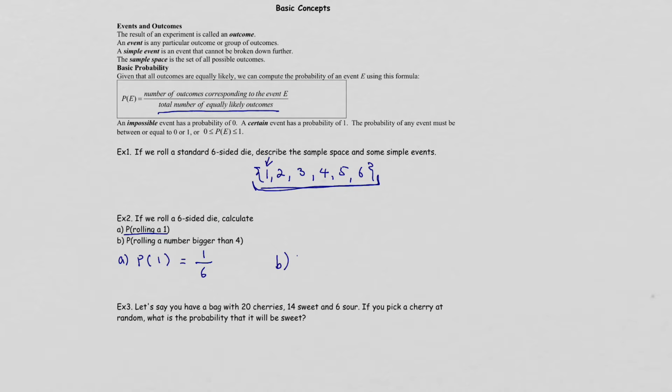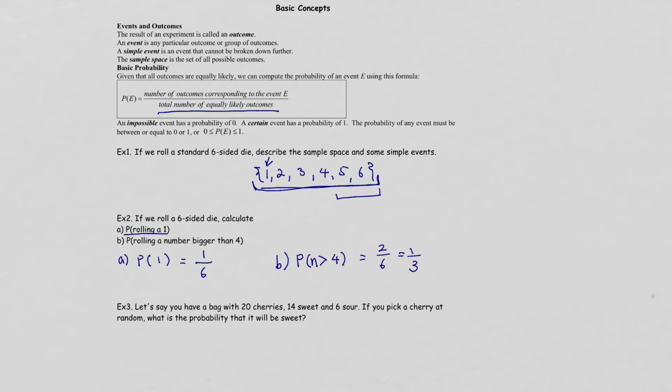And then when we're looking at bigger than 4, that is going to be 5 and 6. So it will be 2 out of 6, which is going to be 1/3. And that's the probability of getting those events.